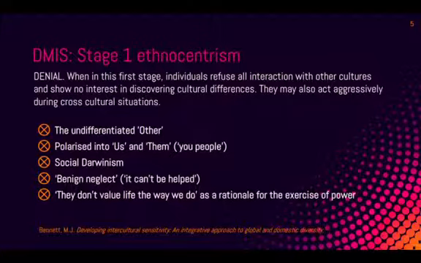In this first stage, individuals refuse all interaction with other cultures and show no interest in discovering cultural differences. They may also act aggressively during cross-cultural situations. So in this, going into a bit more detail, we're looking at the undifferentiated other.